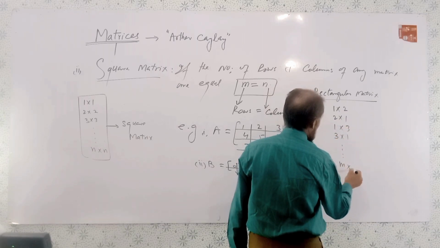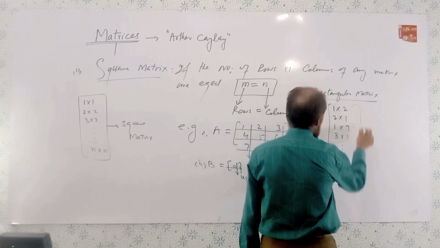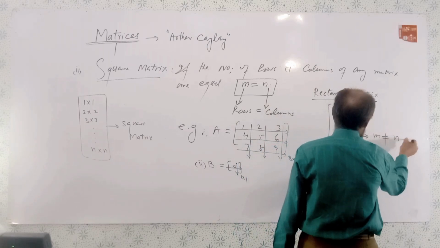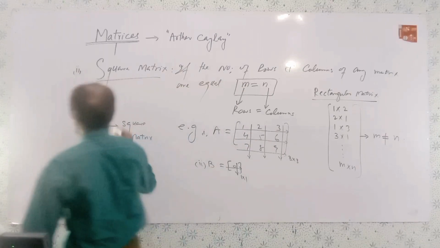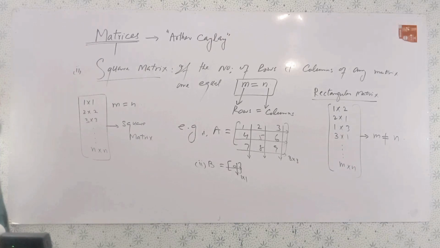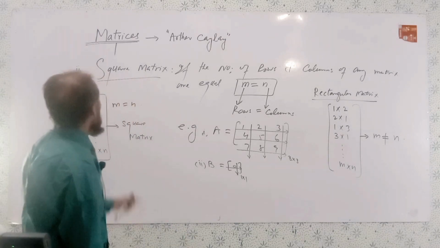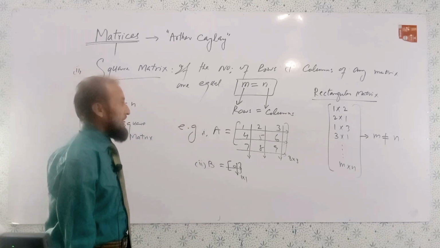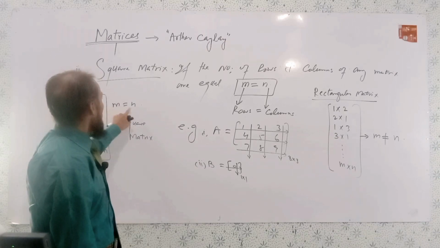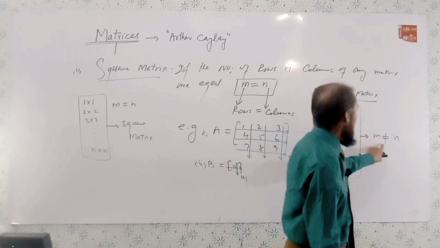These terms must be different from each other, meaning m is not equal to n. And here in the square matrix, m is equal to n. From the above discussion, we have clarified that in a square matrix m is equal to n and in a rectangular matrix m is not equal to n.